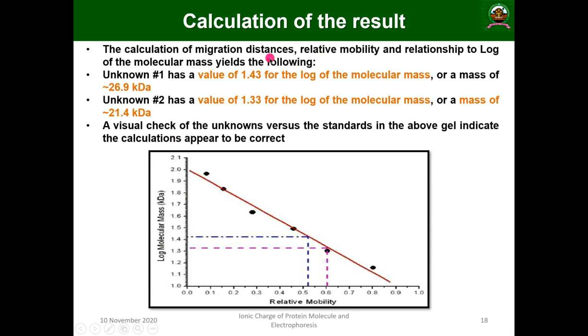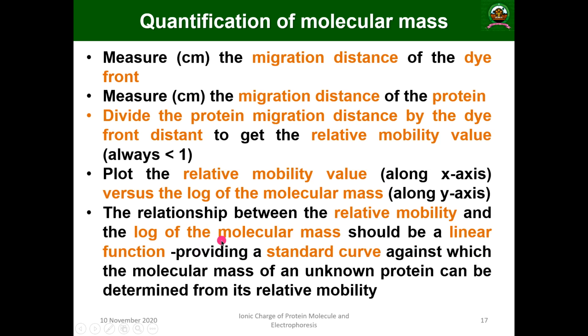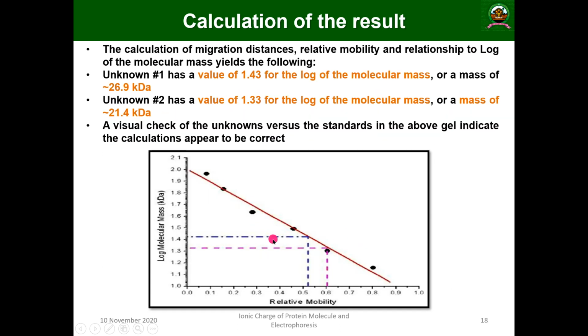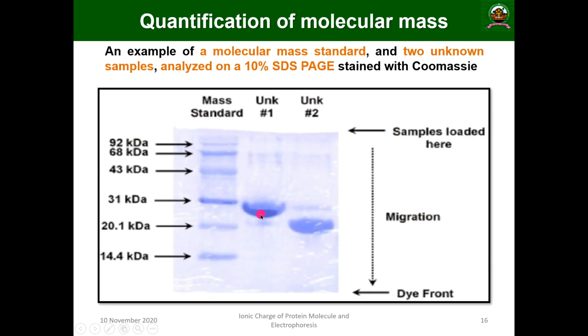So the calculation of the migration distance, relative mobility, and the relationship to the log of the molecular mass yields the following. Here on one axis is the log molecular mass in kilodalton, and on the other axis the relative mobility. Here you can see the unknown protein samples that migrated.